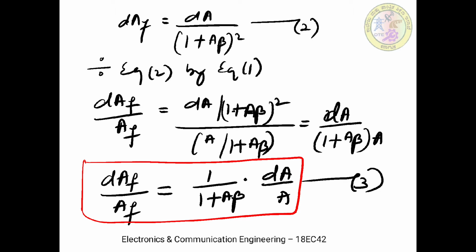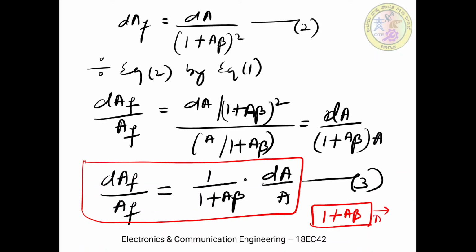So the important information revealed by equation 3 is that the percentage change in the feedback gain AF due to any variations or changes in the circuit components will be smaller than the percentage change in the open loop gain A by the amount of feedback 1 plus A beta. So the 1 plus A beta term is called the amount of feedback, and that's why it is also known as the desensitivity factor.